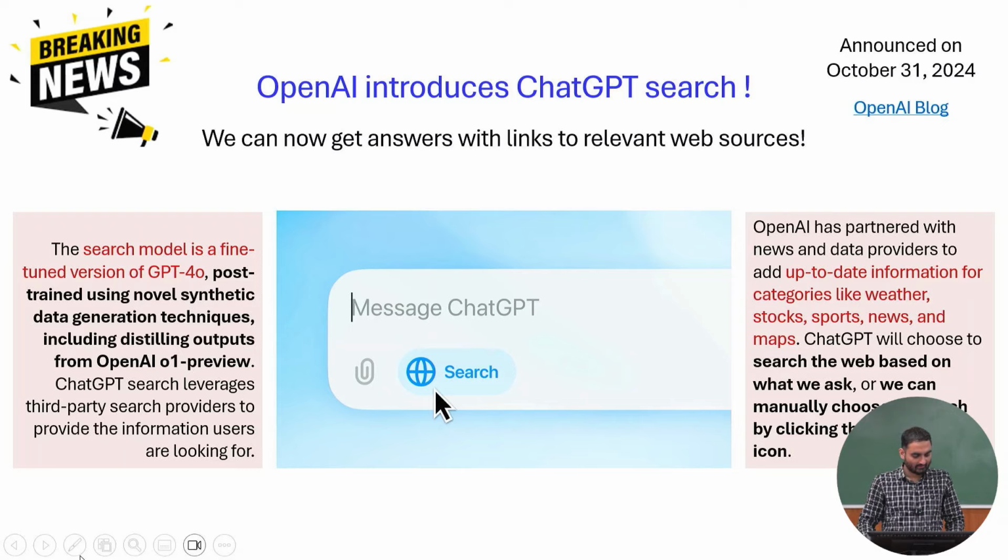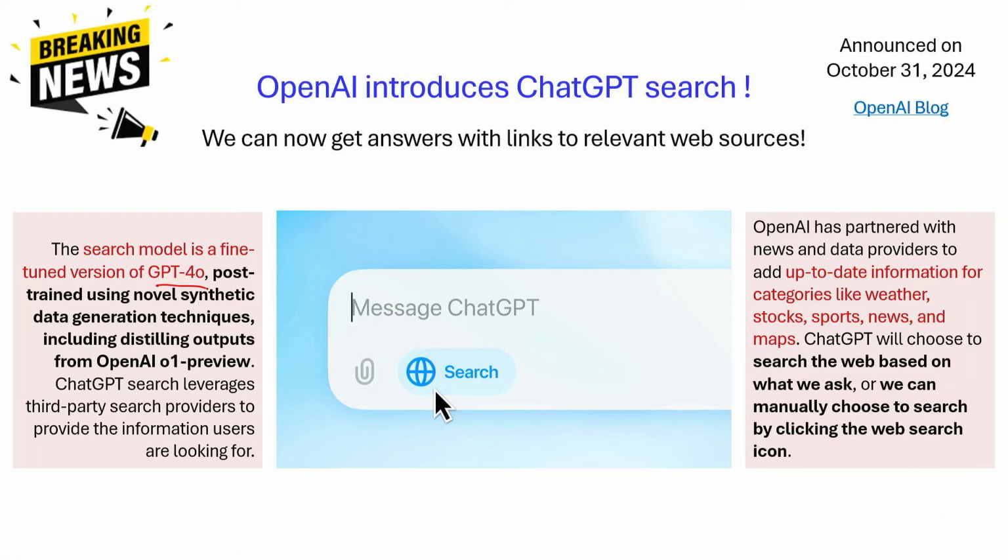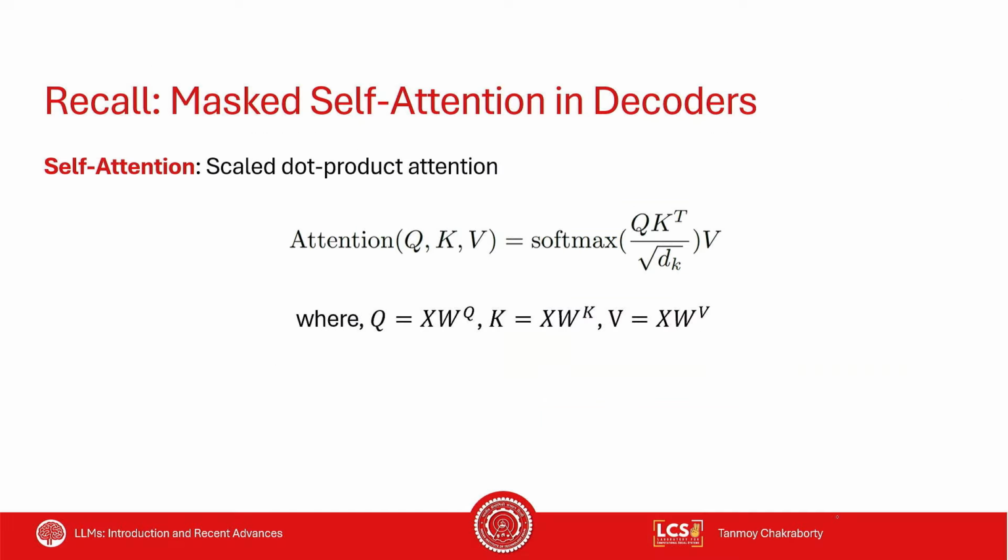Here the search model is basically a fine-tuned version of GPT-4o with some sort of novel synthetic text generation techniques with some distilled output, and I think OpenAI has already partnered with many news and data providers for up-to-date data related to web, weather, stock, sports, news, etc. You can check out the blog to know more about this ChatGPT search.